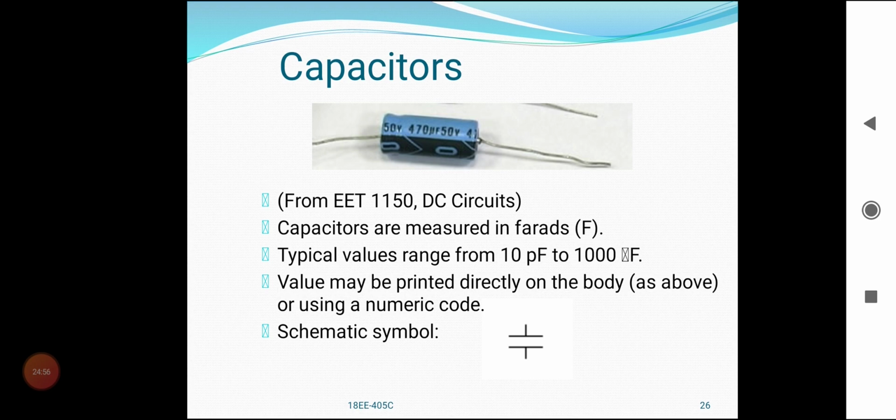Capacitors are measured in farads. Typical values range from 10 picofarads to 1000 microfarads. The value may be printed directly on the body using a numeric code, and a schematic symbol as shown.